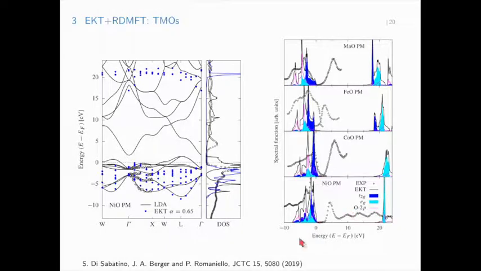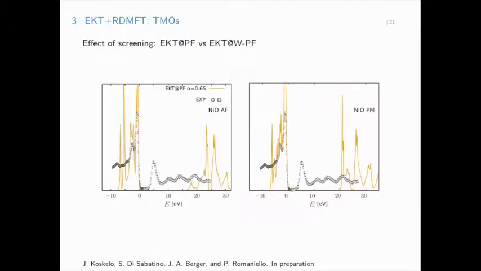So also in this case, we found that the picture that we obtain is qualitatively correct, if compared with other methods like dynamical mean field theory, which are designed to describe strongly correlated systems. So the only problem that we have is this overestimation of the band gap.